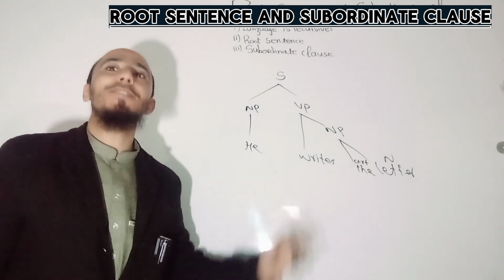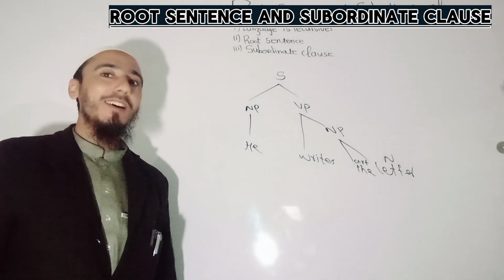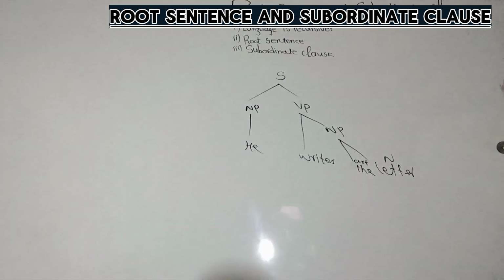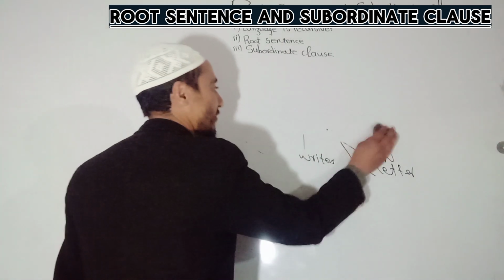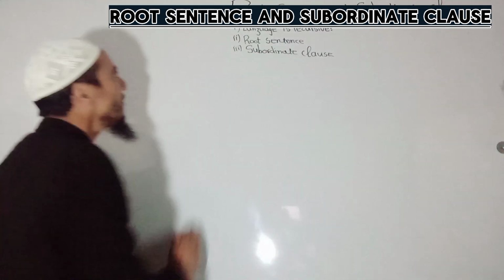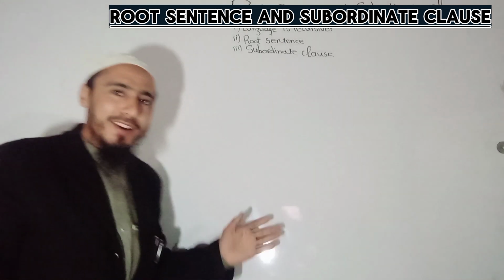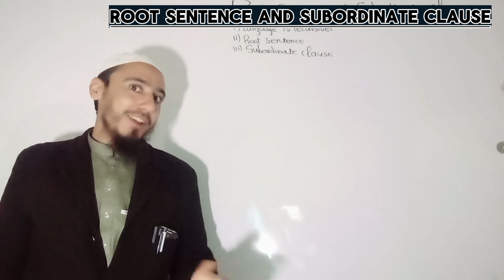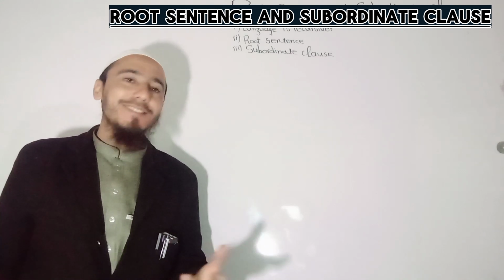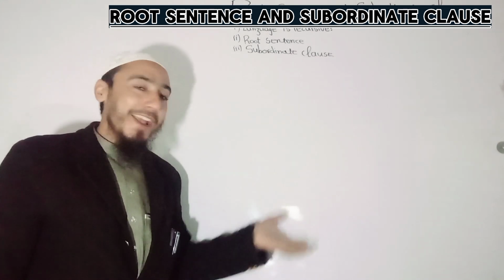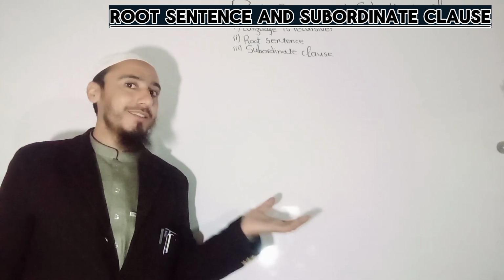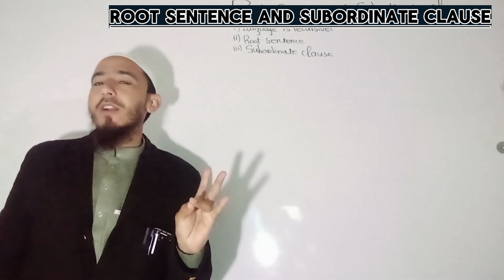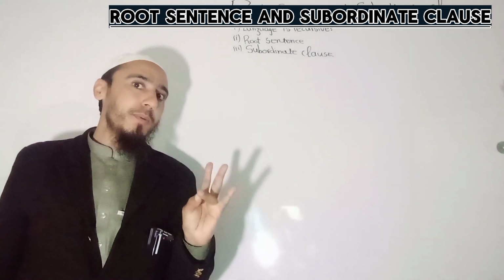So in root sentence we also have subordinate clause. Now the question is, how does a subordinate clause come, and what is the structure of it? In a root sentence, a subordinate clause can be directly under the sentence, or it can be after the VP verb phrase.